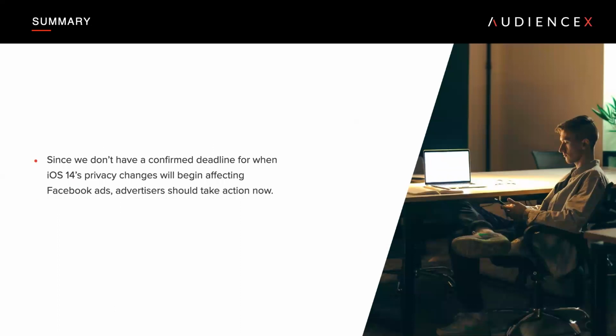So to wrap that up, since we don't have a confirmed hard deadline for when these changes are going to begin affecting the platform, reporting and performance and everything, advertisers should take action now. Today's Wednesday. I would say get started on this before the weekend. It's not too challenging to get the domain verification going. And from there, you probably already have a sense of what your events are that you want to configure.